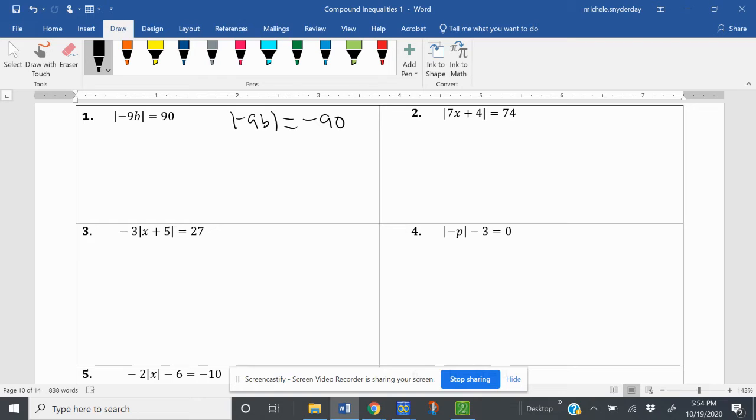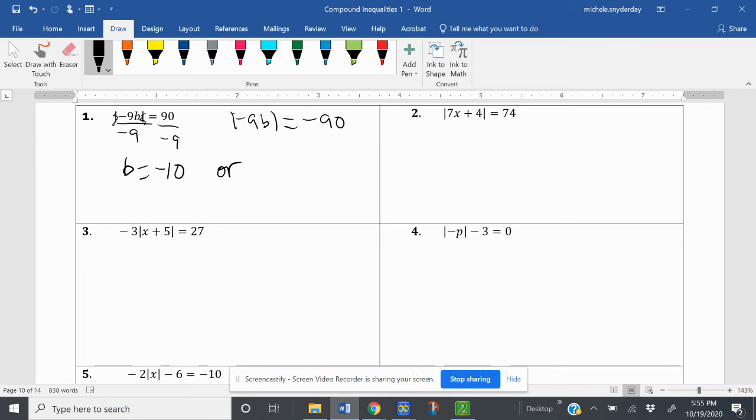So there is a possibility that the inside was a negative result before taking the absolute value. So just forget about the absolute value symbols and solve. Negative 9b means it's multiplying, so the opposite of multiplying is to divide. So we've got b equals 90 divided by negative 9 is a negative 10. So that's one possible outcome.